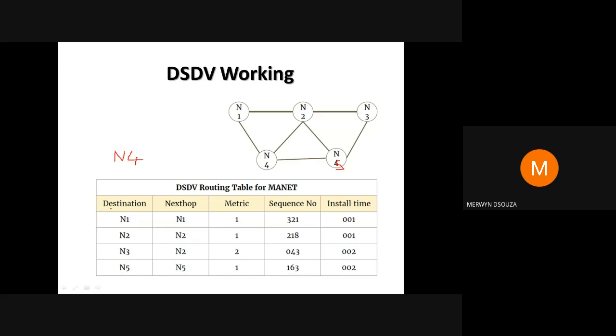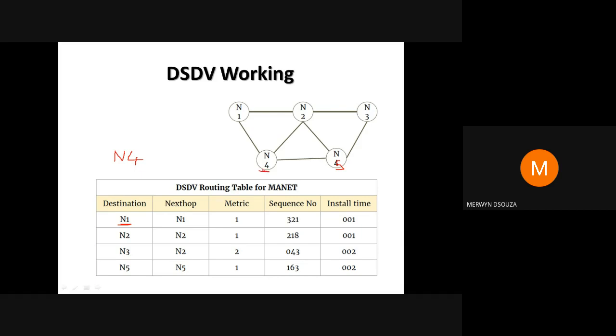One of the entries is the destination. Then the next entry is the next hop. From N4, suppose I want to send a packet to N1. In which direction does it have to be sent?